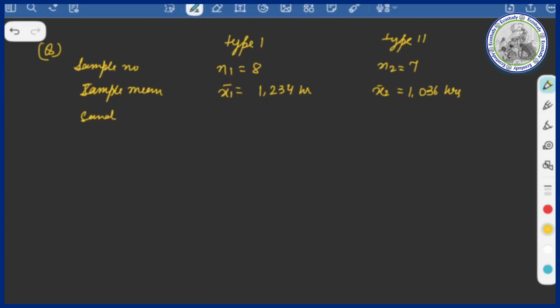The sample standard deviations are S1 equal to 36 hours and S2 equal to 40 hours.